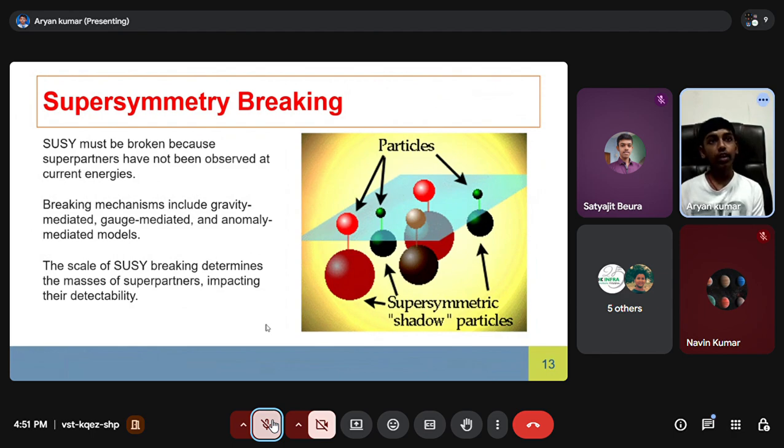A proton does not have a superpartner because it's not an elementary particle, but the quarks in it do. If our universe had followed supersymmetry, a quark would have had a squark. If supersymmetry was not broken, the protons would have decayed, and it's also one of the reasons the superpartners of the quarks and electrons are way heavier than the normal particles.